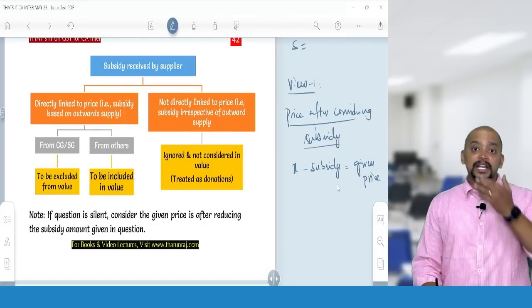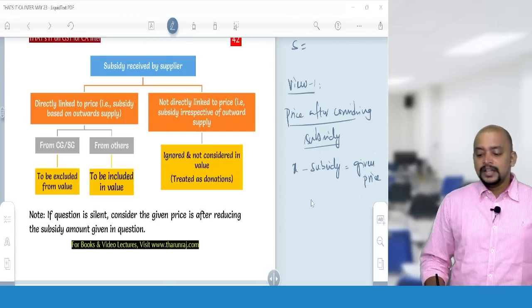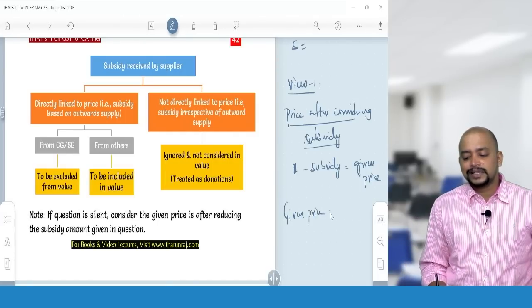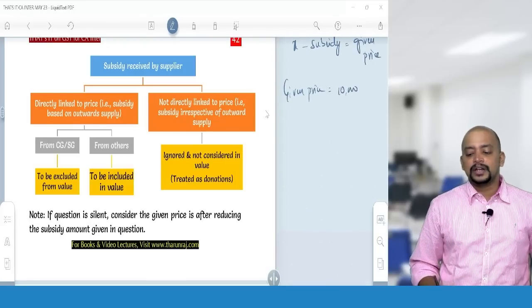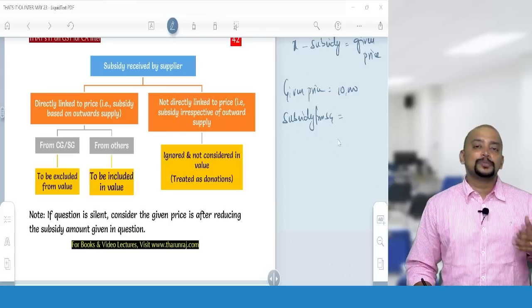Now, for that given price, the subsidy has already been reduced, so accordingly we need to take it. Suppose the given price is say 10,000 rupees, and there is a subsidy from state government, is it to be included or to be excluded?